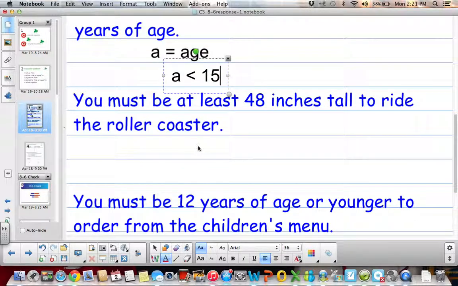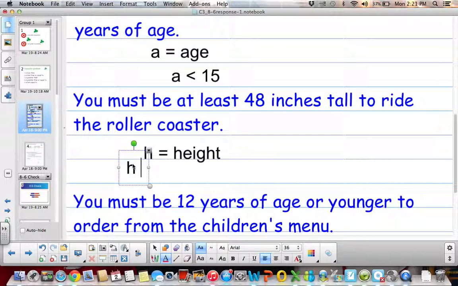You must be at least 48 inches tall to ride the roller coaster. So we're going to say H is our height. And then it says at least, so that means we have to be 48 inches or taller. The way it helps me think of how to write my inequality symbol is to ask, if I'm 47 inches, can I ride the roller coaster?